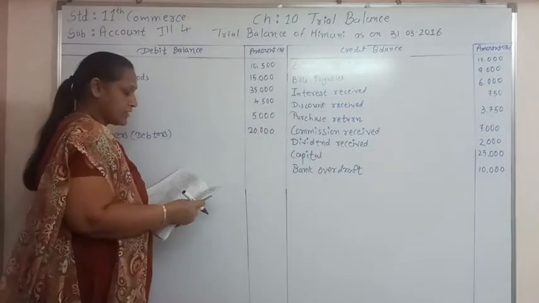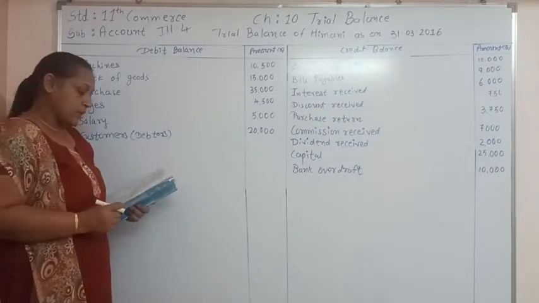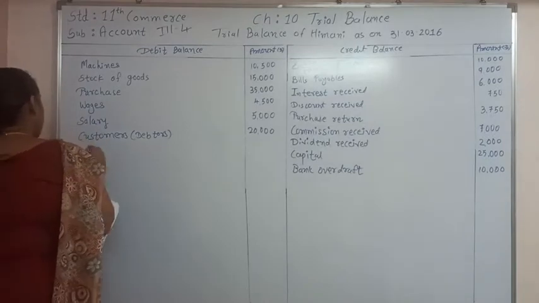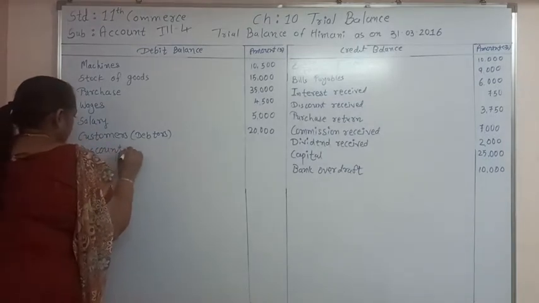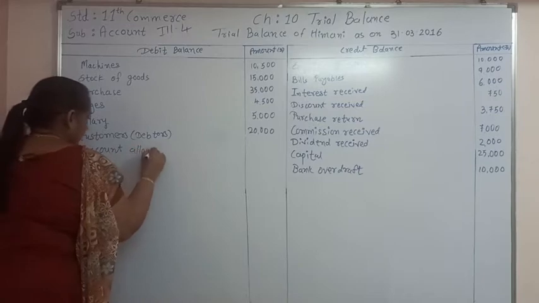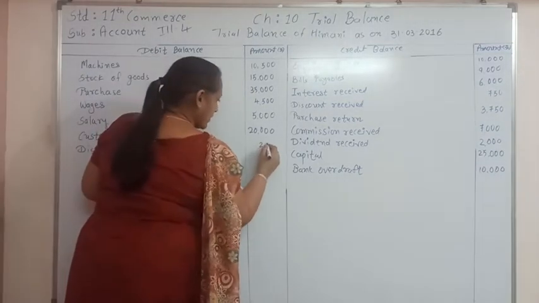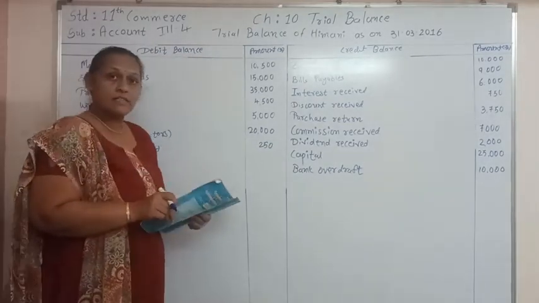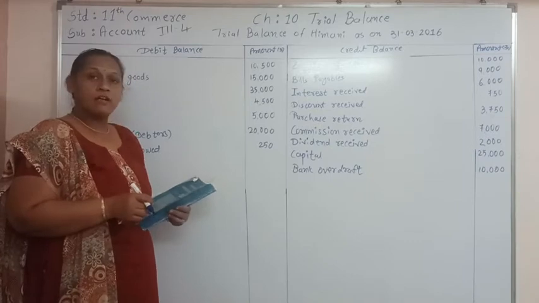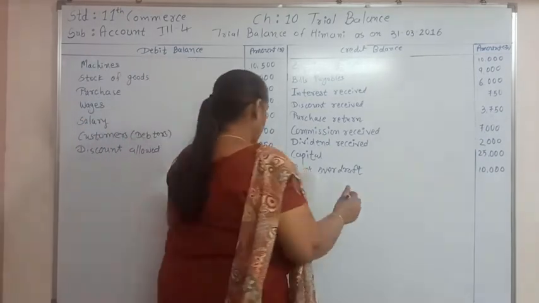After debtors, another account is discount allowed, and discount allowed is our expense, so we will write it on the debit side. So here it is rupees 250. After discount allowed, another account is sales account, and sales account has credit balance, so we will write it on the credit side.